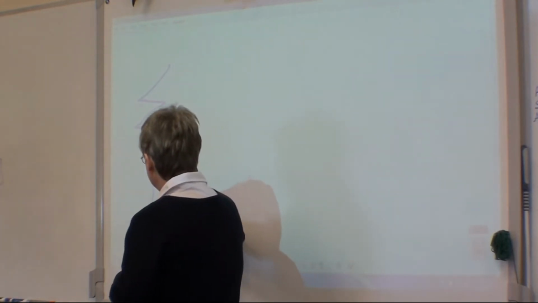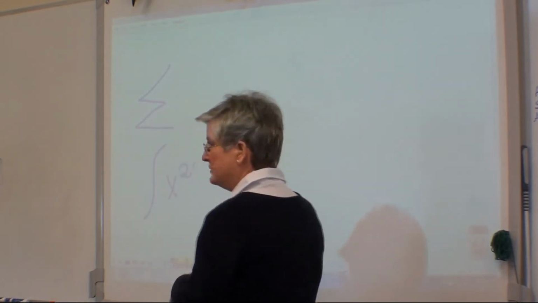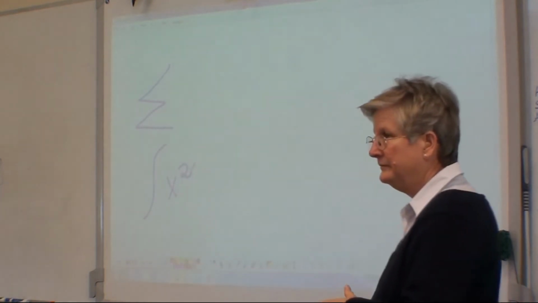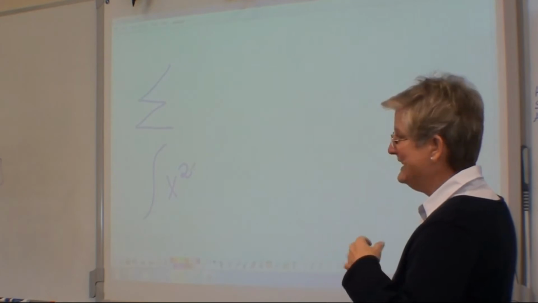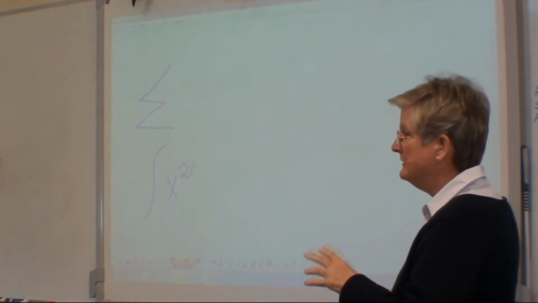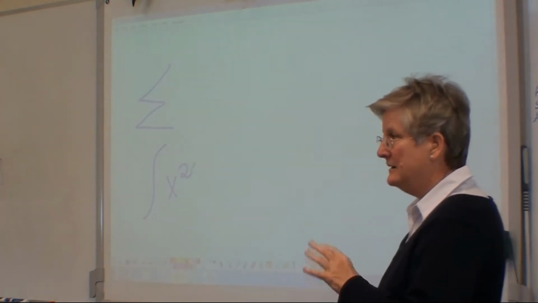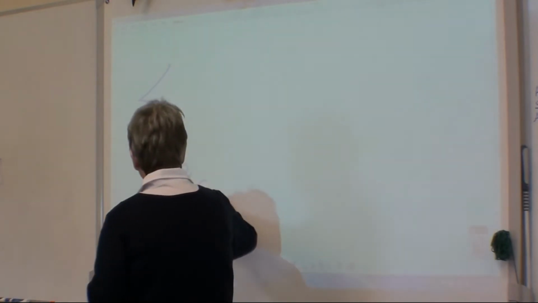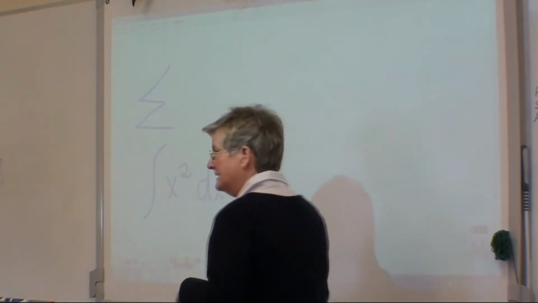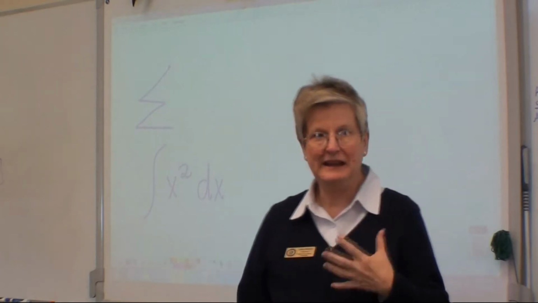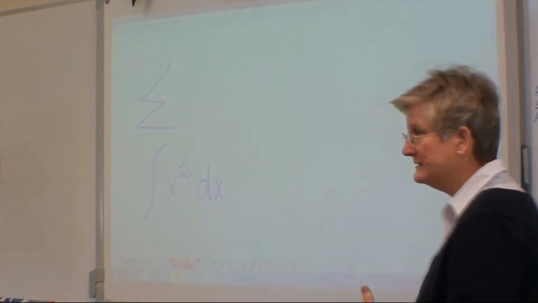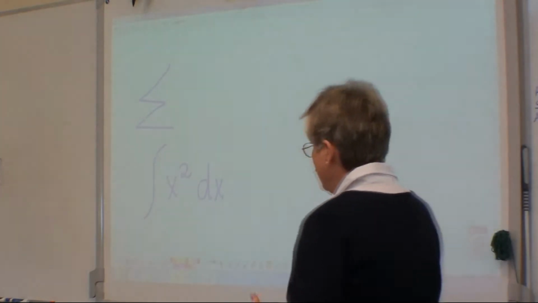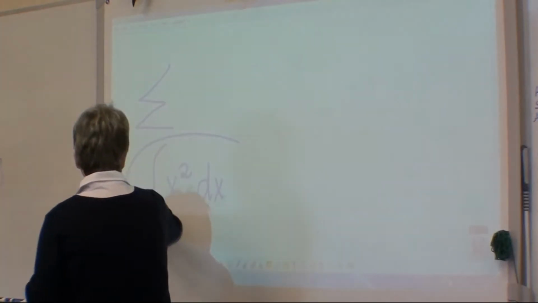So if you see the integral of x squared, that's almost complete in asking you to find the antiderivative of x squared. But what you will always see is a dx out here if your variable is x. And now you have what your problems are going to look like.